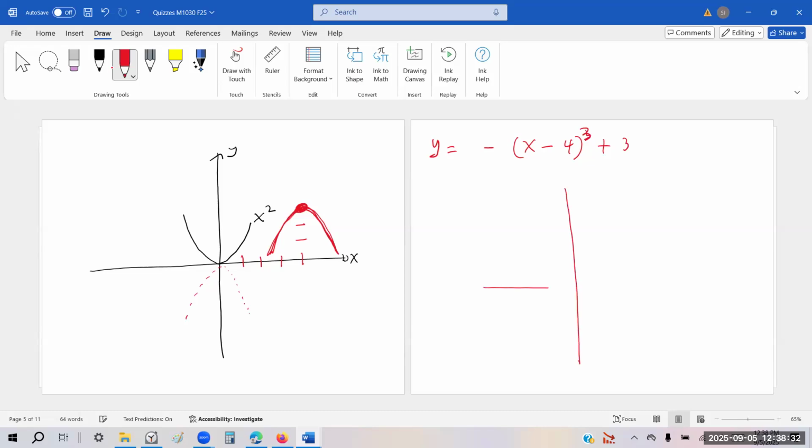It's the same transformation. The original one you draw at the origin. It's x cubed without any transformation. And you go reflection. 1, 2, 3, 4. 1, 2, 3 here. And then you draw a reflection.